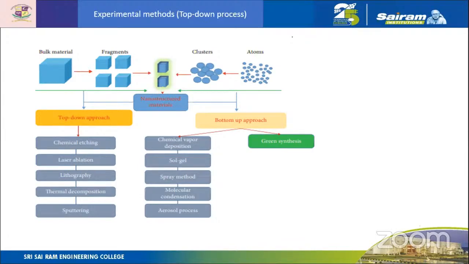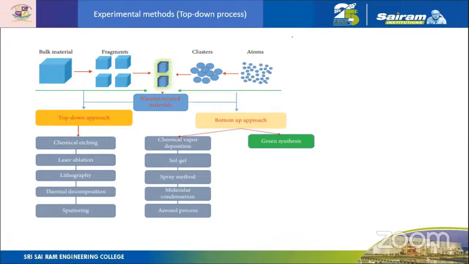So how is this synthesized? In an experimental method, they can synthesize from bulk materials to atomic levels, or from atomic levels to bulk materials. Bulk materials to atomic size is called a top-down process, whereas atomic level to bulk materials is called a bottom-up process.